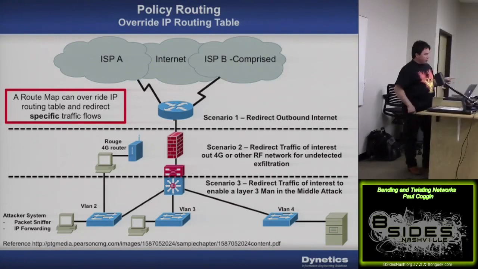If you got access to that router, you could override the routing table for the traffic that you want to exfil and force it out that back door, and the routing table will forward all the other traffic just as normal. They'll be collecting their logs up at the perimeter, and they'll never see your traffic that's going out a back door because you're overriding the routing table.